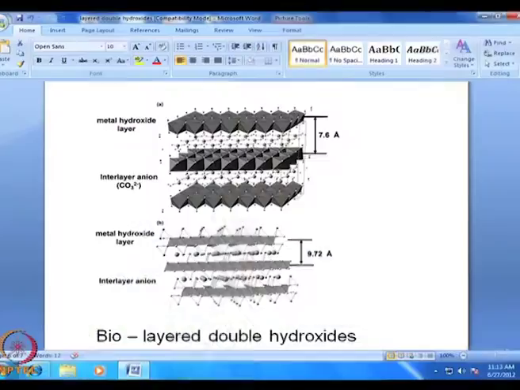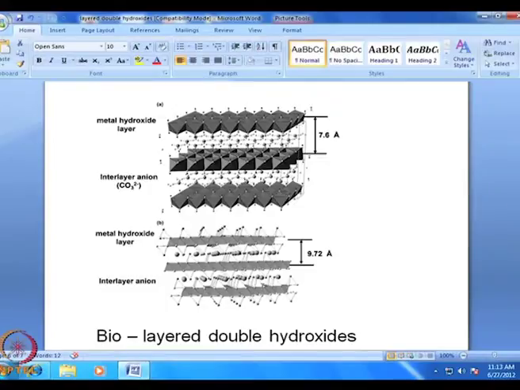And then the carbon 60 was then pushed into these intercalated layers. This is one.